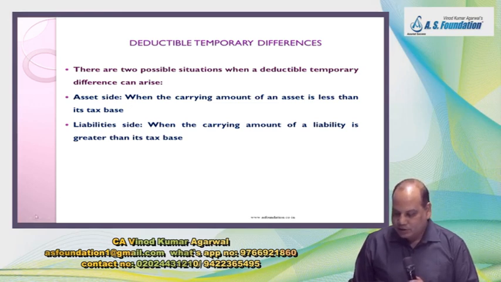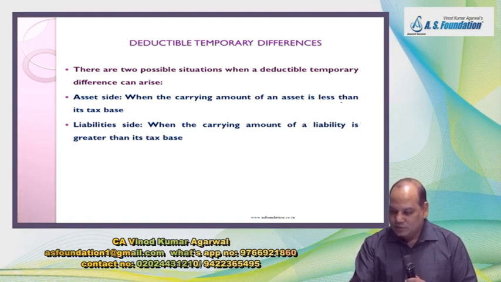For example, asset side. When the carrying amount of the asset is less than its tax base. For example, you purchased a computer and you think its useful life is only 2 years. So you want to write off 50% in the first year.